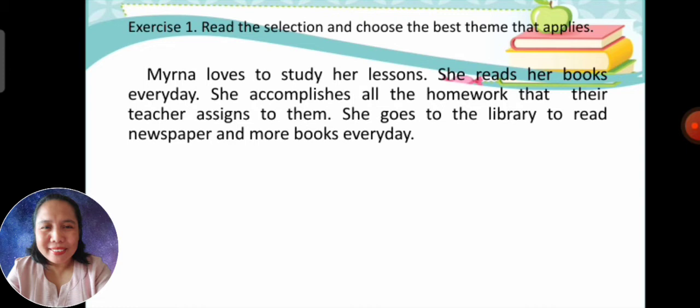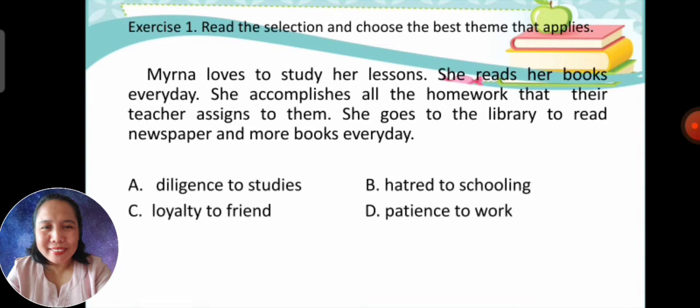Myrna loves to study her lessons. She reads her books every day. She accomplishes all the homework that their teacher assigns to them. She goes to the library to read newspaper and more books every day.